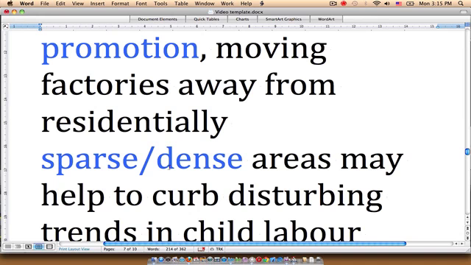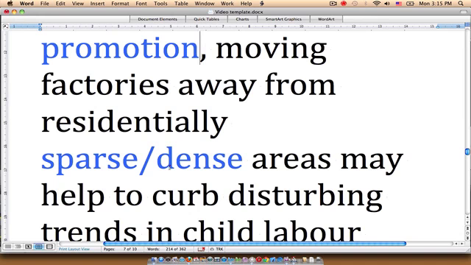There is not a particular closeness to things that are sparse. So sparse does not mean to be close together. Dense means to be very tightly packed together. So for example, Hong Kong is a very, very dense city where people live in very high buildings very close together.